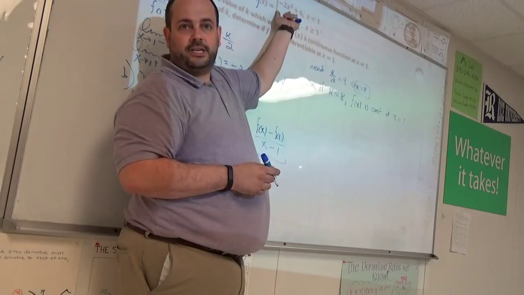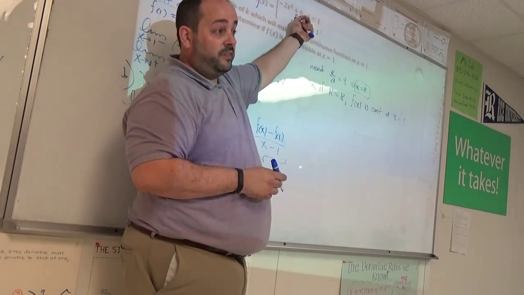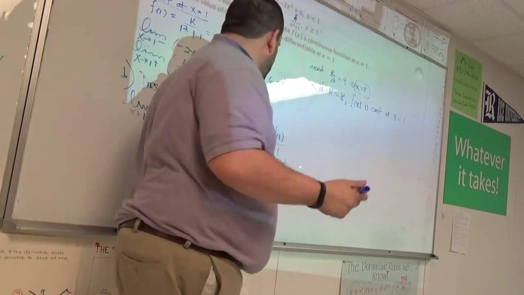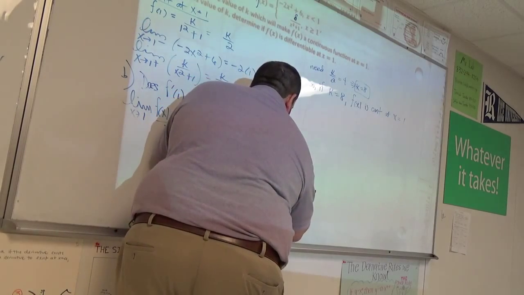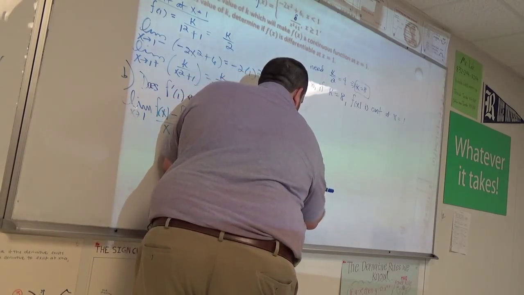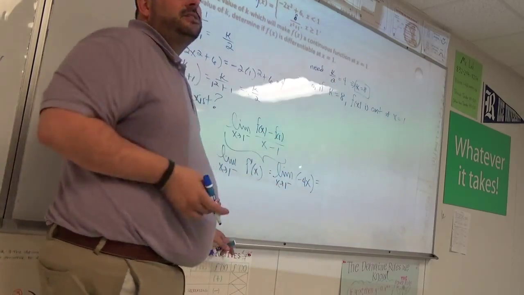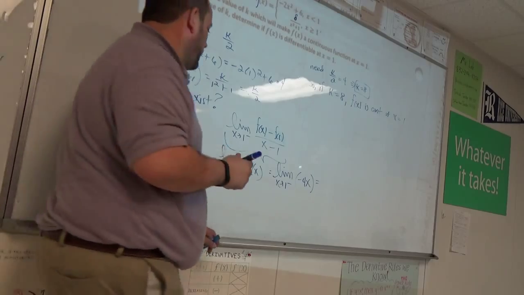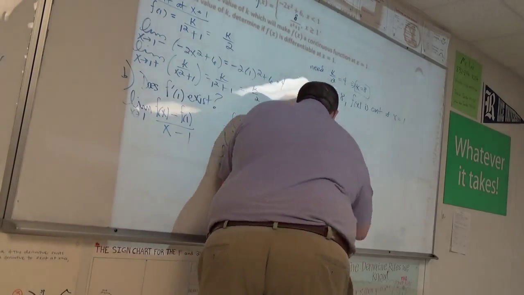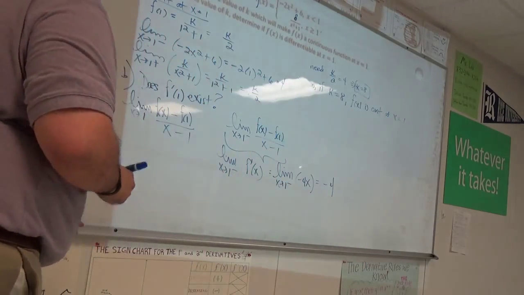Sounds like a little power rule action happening over here. And the derivative of 6 is 0. So all I'm asking you is, hey, what's the limit as x approaches 1 from the left of negative 4x? That's easy. Limit as x approaches 1 from the left of negative 4x is? Negative 4. Okay, that's finding the derivative from the left.